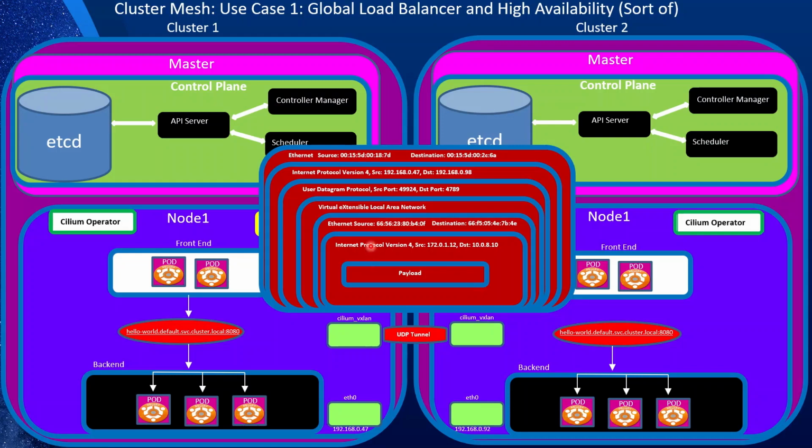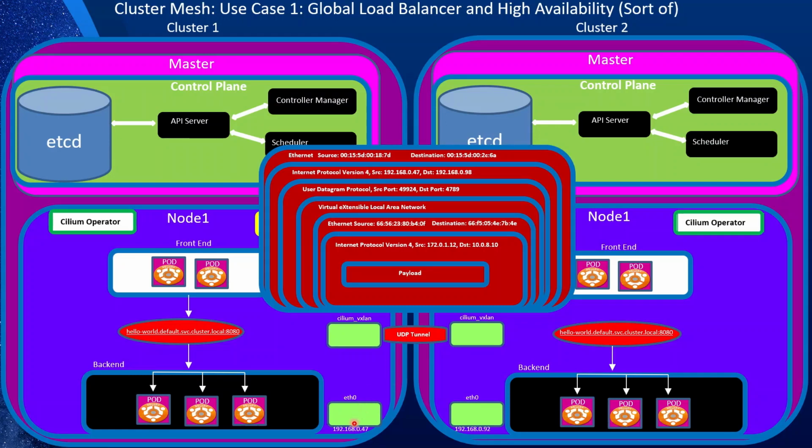Because it's going through VXLAN, it needs to add additional layers of abstraction. The first one is the Ethernet. This always happens. So this is the Ethernet frame. That will be the MAC address of this server, the source, and the destination would be the MAC address of this server. And then Internet Protocol version.